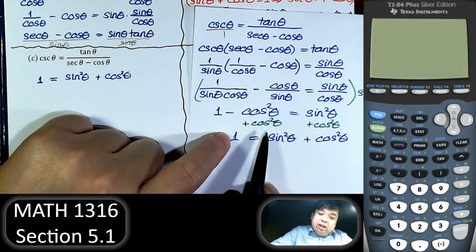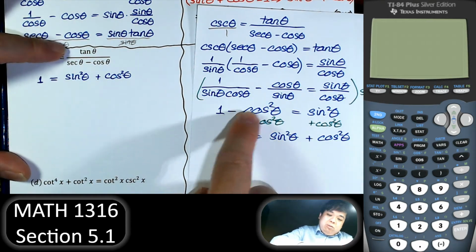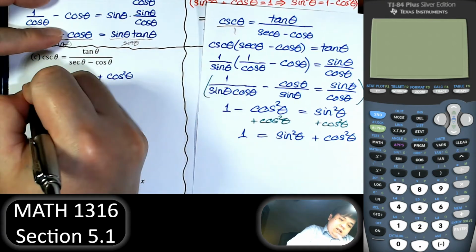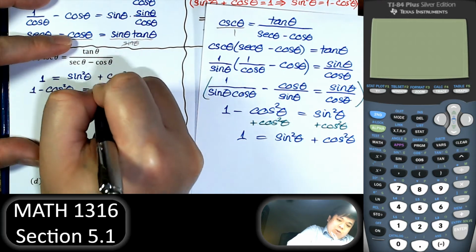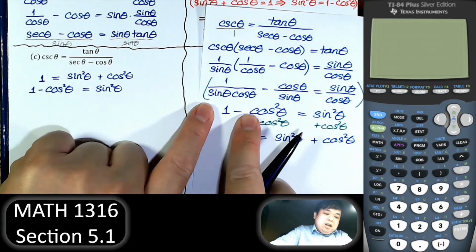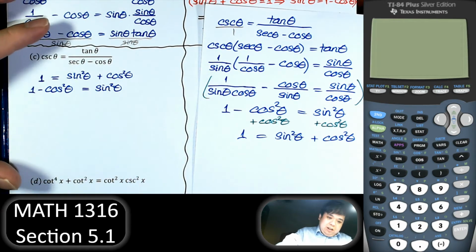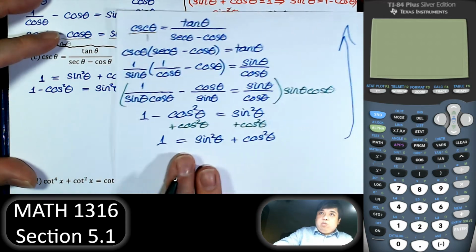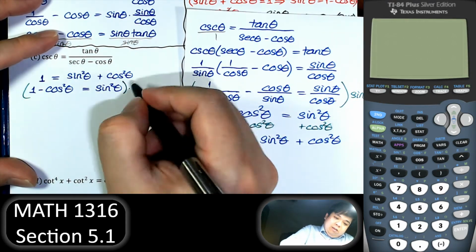Now we can, instead of add cosine square, we do that in reverse. To go to this step, we subtract cosine square on both sides. So 1 minus cosine square is equal to sine square. Right, write that in reverse. The next step is divide everything by sine and cosine. So instead of multiply, we will divide by sine cosine.